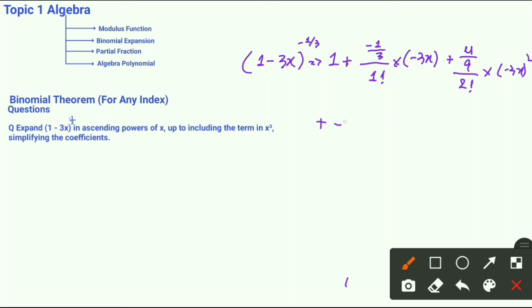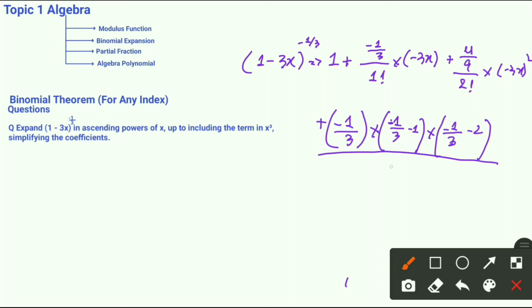So it's going to be minus 1 upon 3 multiplied by minus 1 upon 3 minus 1, which is minus 4 upon 3, multiplied by minus 1 upon 3 minus 2, over 3 factorial, multiplied by (minus 3x) to the power 3. Now let's simplify it. The first term is 1, then the second term is also 1, the 3 and 3 cancel, so it's going to be plus 1x.